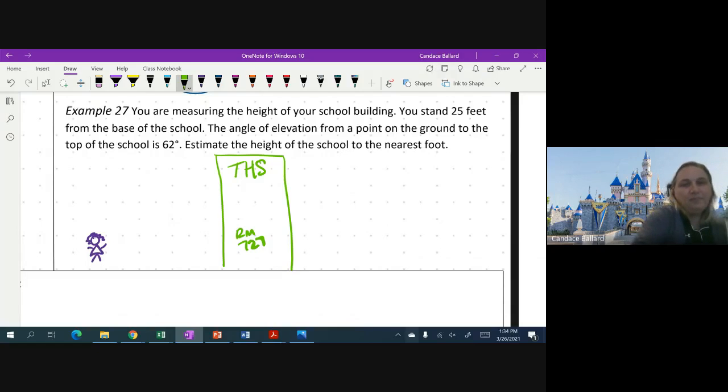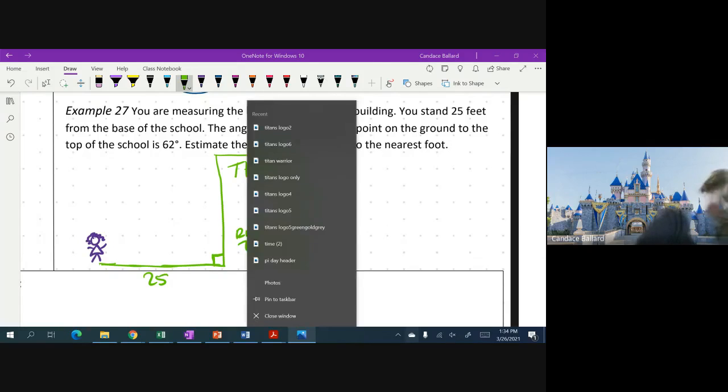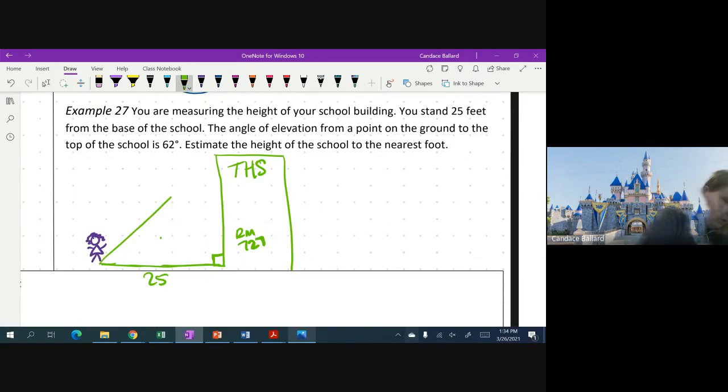All right. Then it says you stand 25 feet from the base of the school. So I am standing here 25 feet. It looks like I've got a nice right angle. The angle of elevation from the point on the ground to the top of the school is 62 degrees. Estimate the height of the school to the nearest foot.